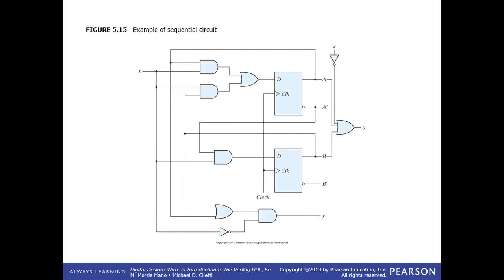Then, according to those states, we look at the effects of a change in input X. That change in input X corresponds to the new state of A, B, and the output Y. Is this clear?